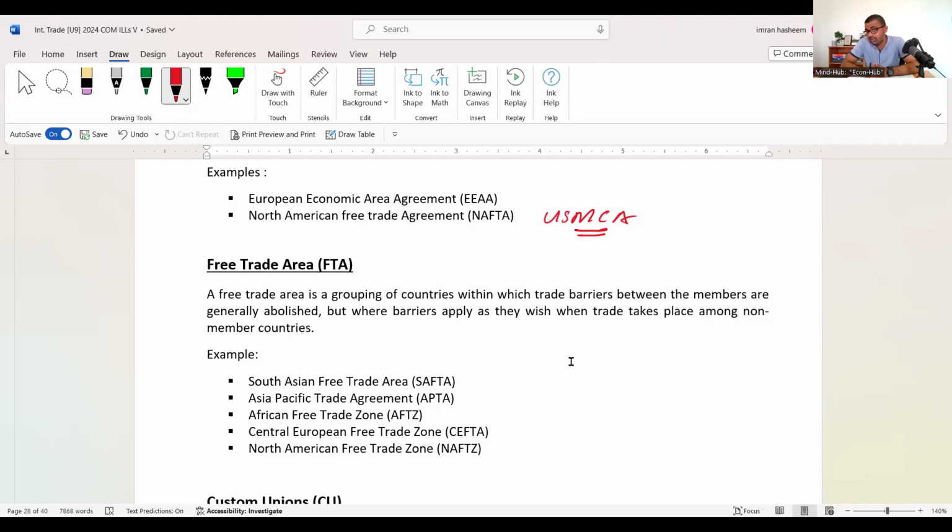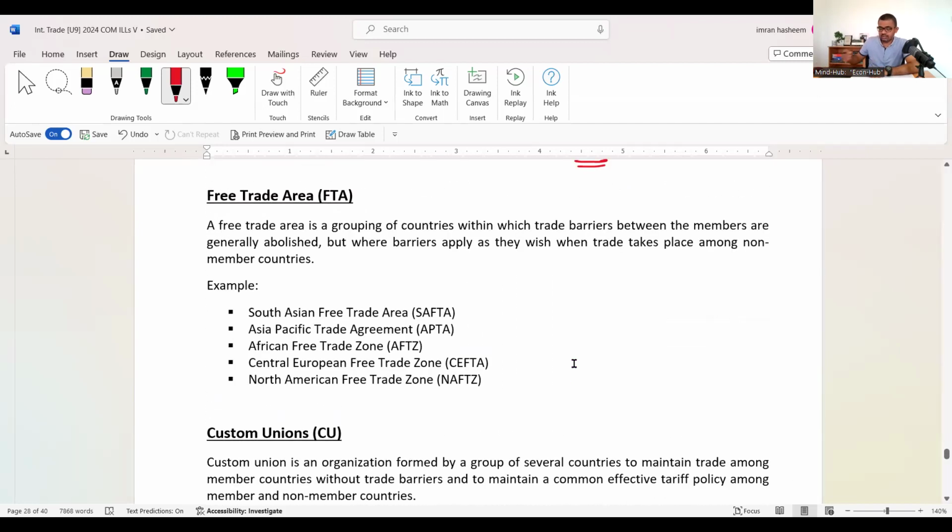But if we import big onions from Bangladesh or Pakistan or China, we will definitely charge more than what we charge from India, because we have a preferential trade agreement with India. We will charge more from countries like Pakistan, Bangladesh, and China, maybe anything more than 10%. But in the free trade area, within the member countries, we don't have any tariffs.